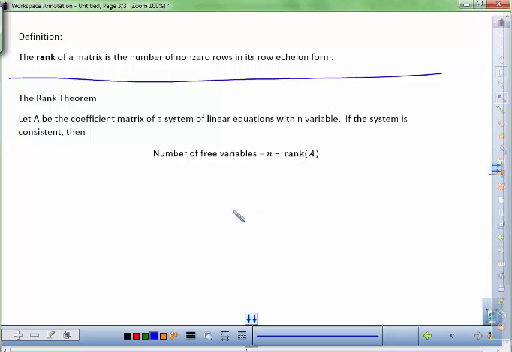The rank is equal to n minus the number of free variables. So if you just solve for rank A, this is how you would find the rank.